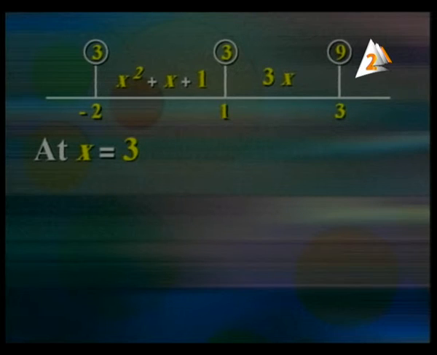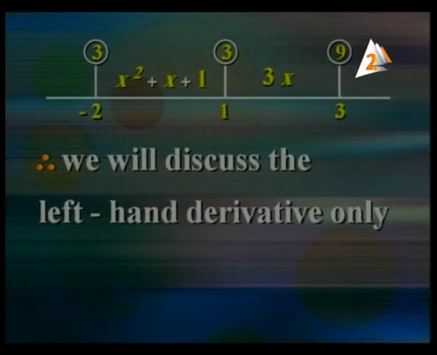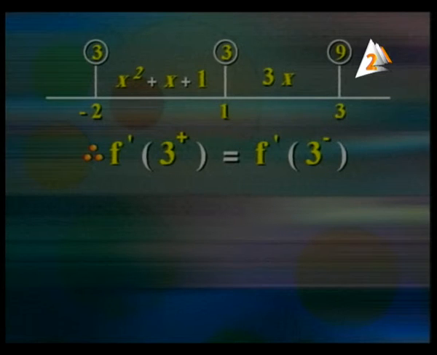At x equals 3, look, dear student, the function is undefined when x is more than 3. Therefore, we will discuss the left hand derivative only at x equals 3 negative.